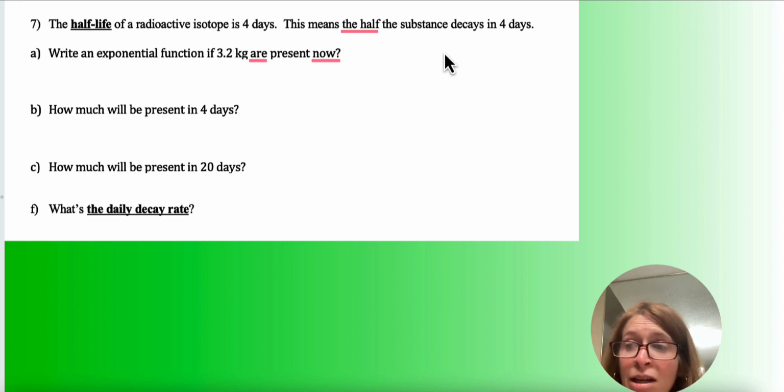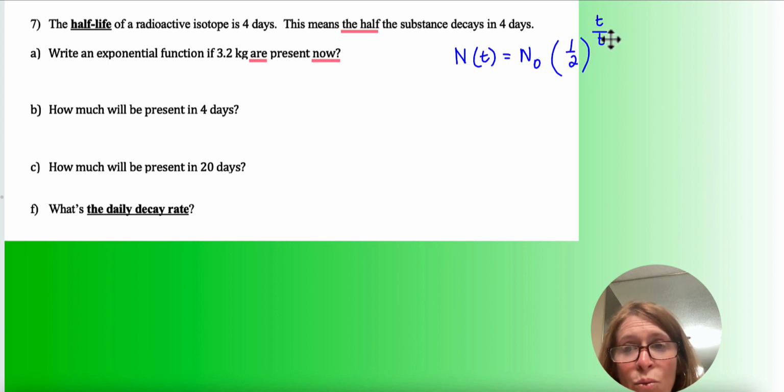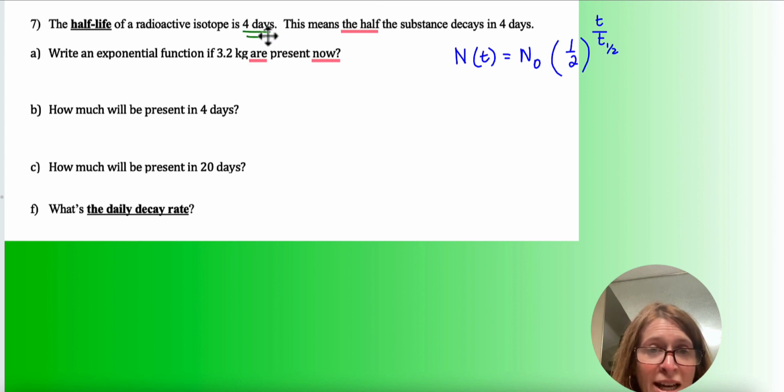So again, it's important to know it's a decay function, but I'd love us to think about the formula we were looking at, which was N of t equals N sub 0, the original amount of the substance, times 1/2 to the t over t sub 1/2, which just means the half-life. So if I'm writing a function using this, the half-life is 4 days, so that's t sub 1/2.